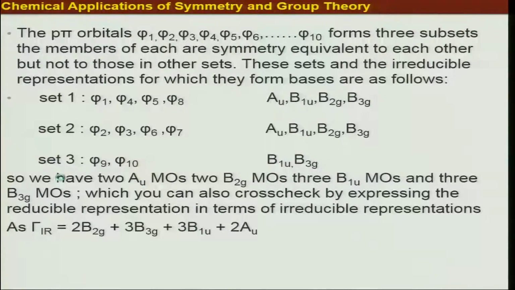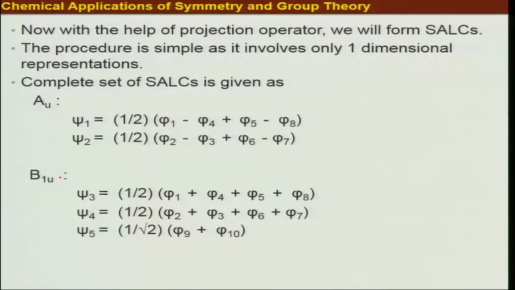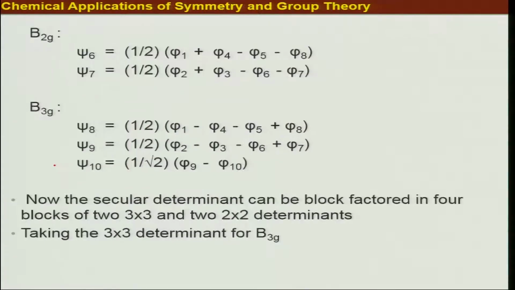After you do that, you use the projection operator for each individual irreducible representation that is obtained, and you find the SALCs. We saw that the Au irreducible representation occurs 2 times, B1u occurs 3 times, B3g occurs 3 times, while B2g occurs 2 times.